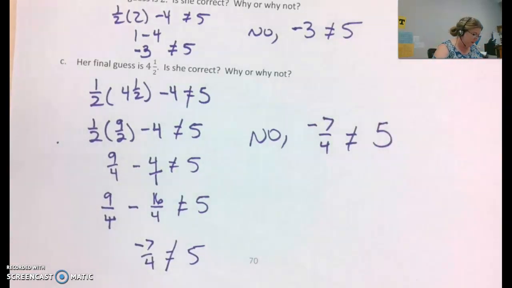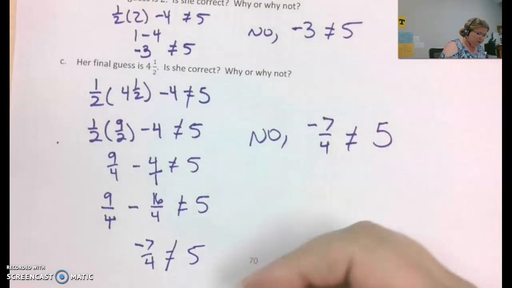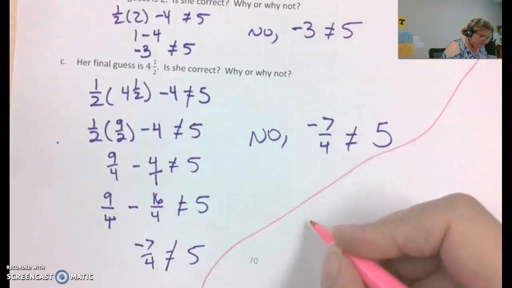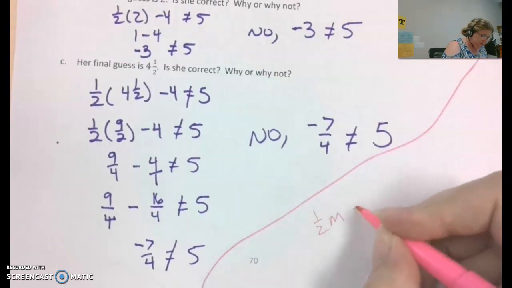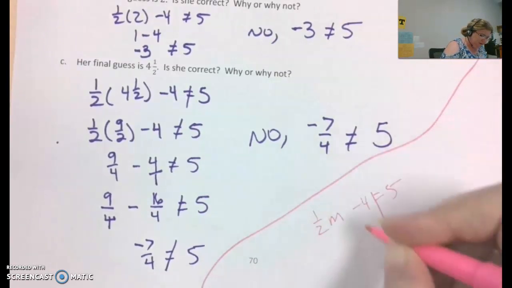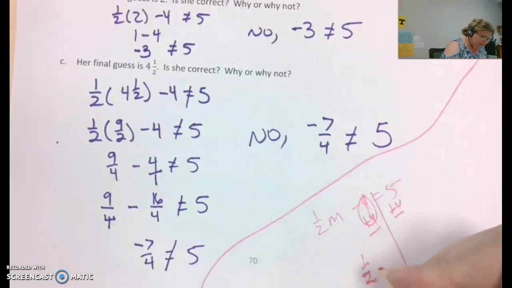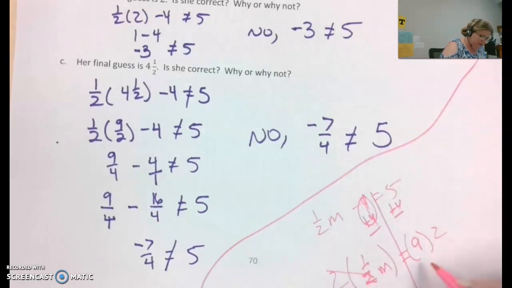Now, we could figure it out. I think I want to just for fun. We have a minute left. So half of a number minus 4 is 5. Add 4, half of the mystery number is 9. So then to solve, do the opposite of taking half, which is times 2. The mystery number is 18.